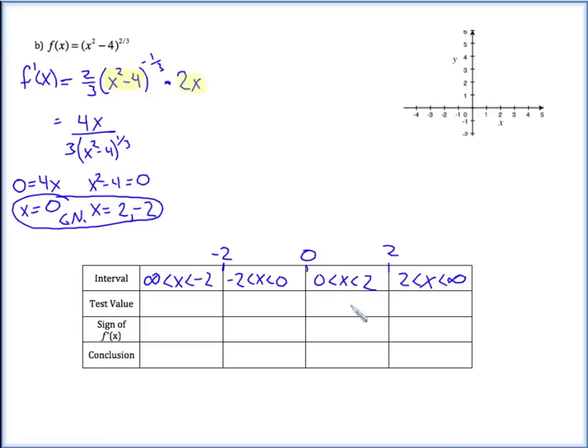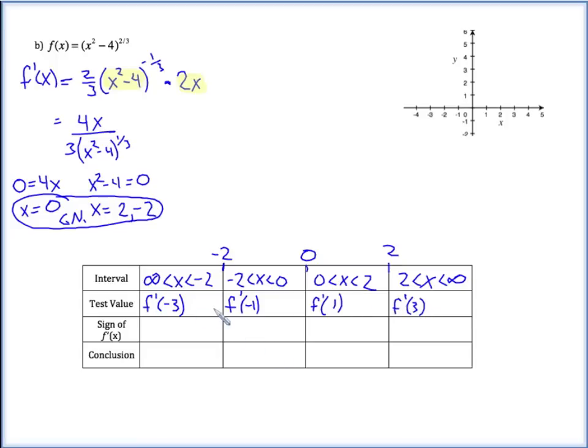Test values, I'm just going to pick negative 3. Here, I'll probably pick negative 1. Here, probably pick 1. And here I'll pick 3.